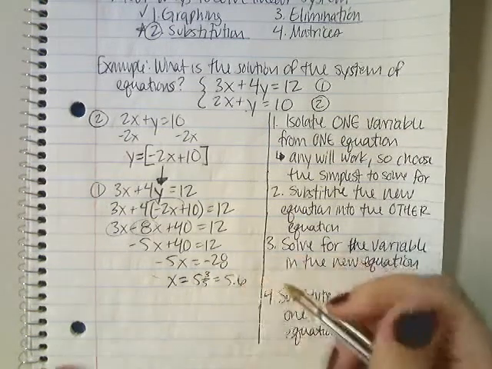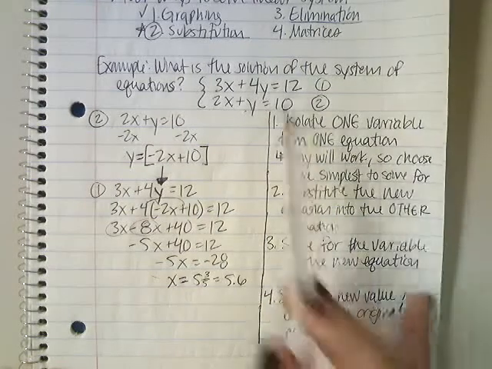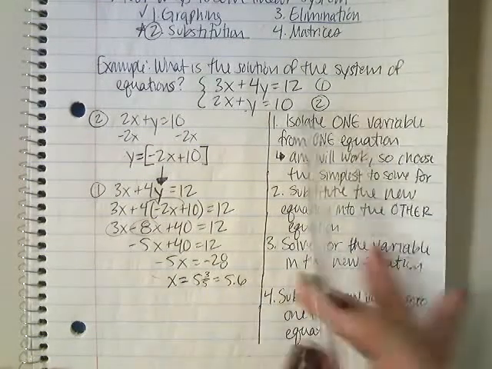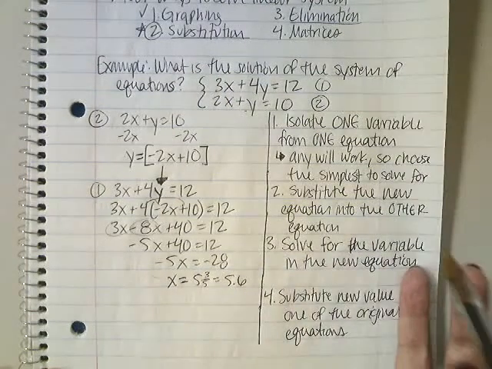Now I know x is 5.6. I can plug it into either one of these to solve for my y value. So now I have x, I need to solve for y, so I'm going to plug in x to one of the two equations.